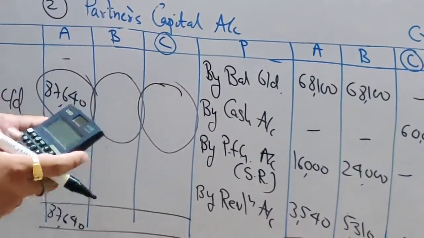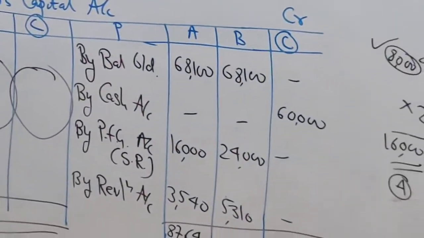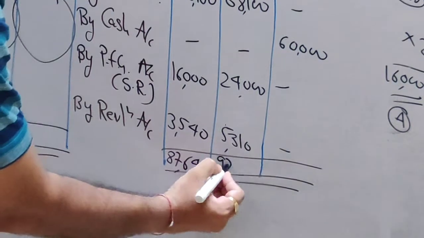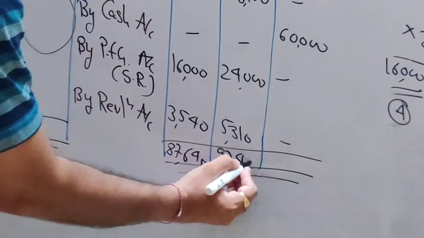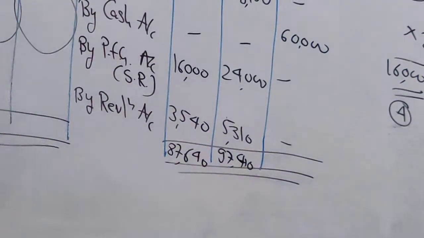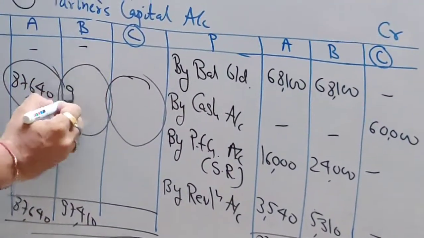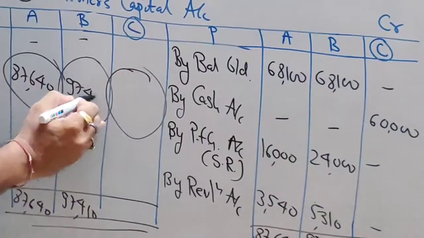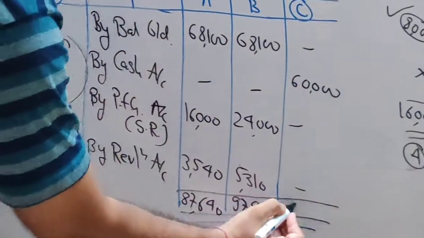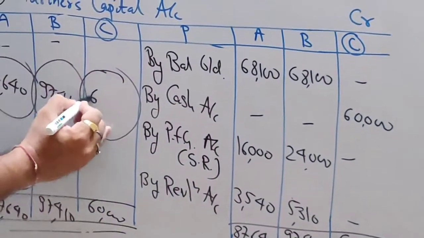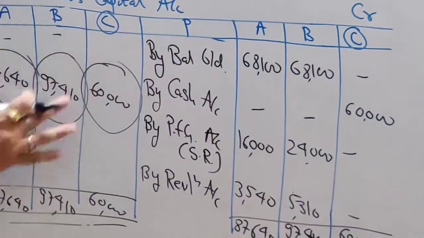Likewise you do for B. 97,410. 97,410. Nothing to minus. The same amount is your balancing figure. For the new partner, it is very easy. 60,000, 60,000 and 60.